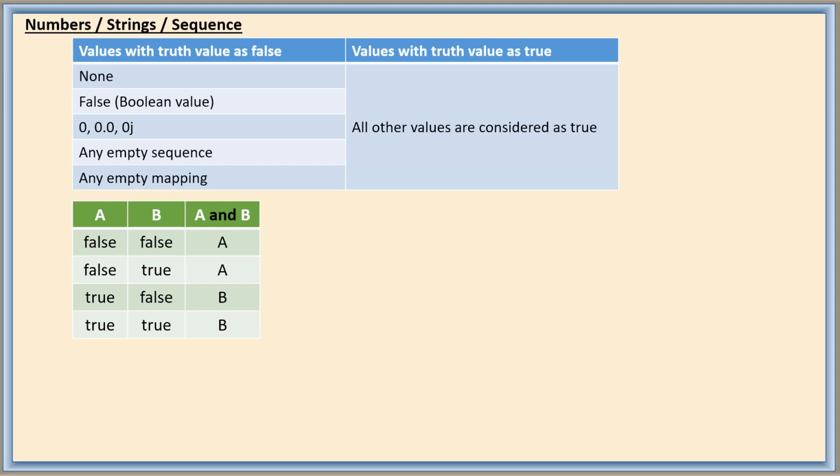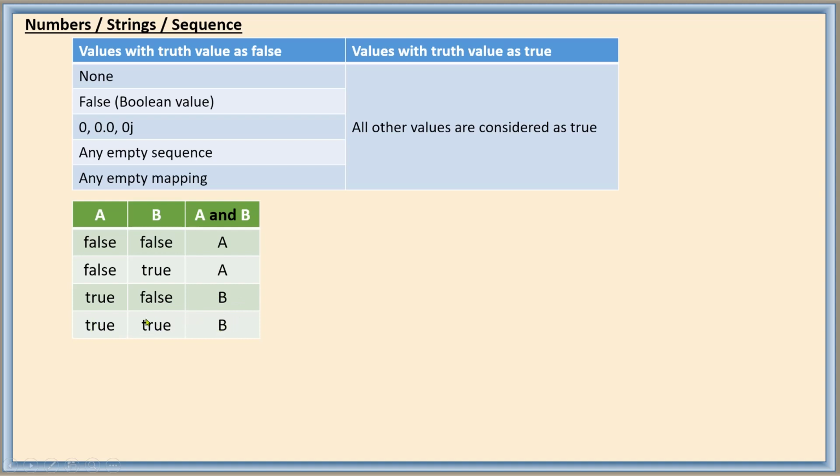Remember here, false and false gives A, meaning whatever is residing in A. False and true gives false as a result, because we already learnt false and true is false, right? So the value in the A position will be returned. Similarly, true and false gives false only as the result. If true and true, then B as a result.